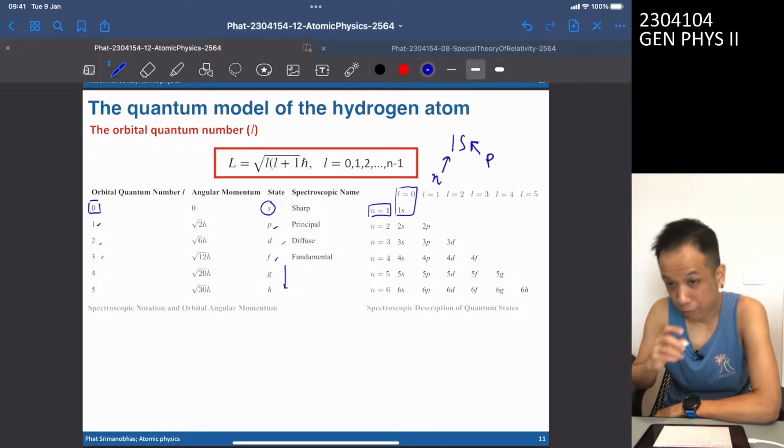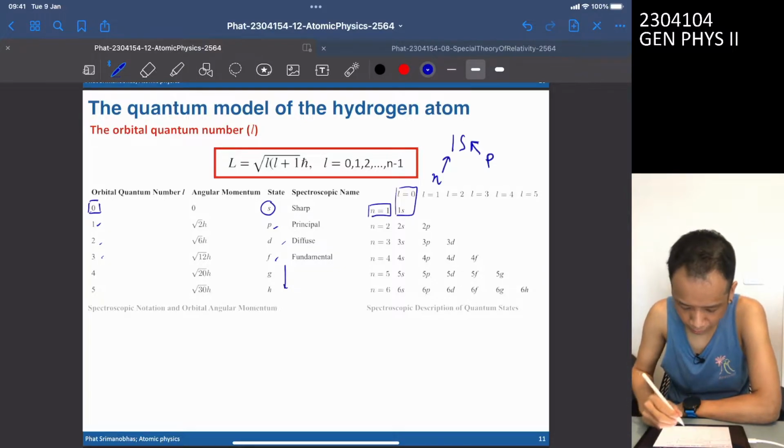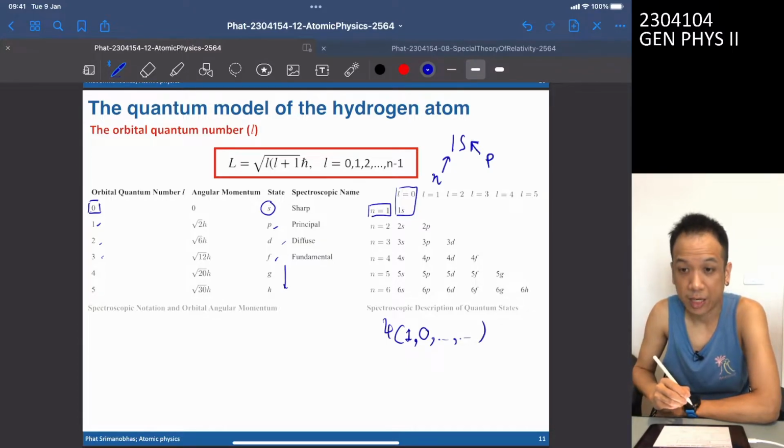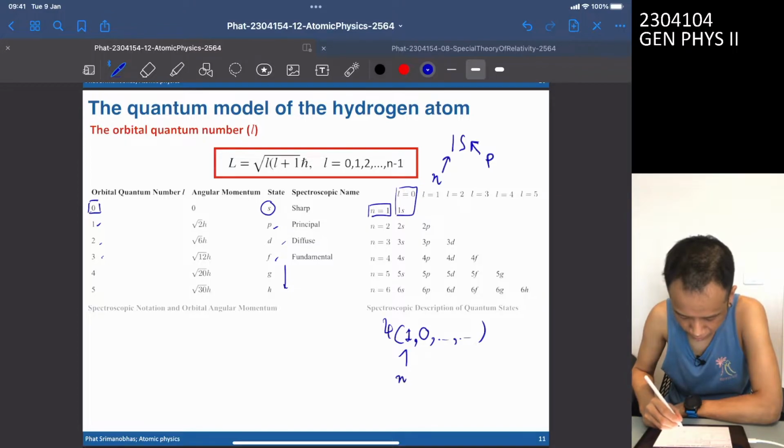Sometimes in physics, we will not use the letter. We can just say this is a wave function with quantum numbers n equal to 1 and l equal to 0, and you have two more numbers that we're going to discuss. This is n, this is l.